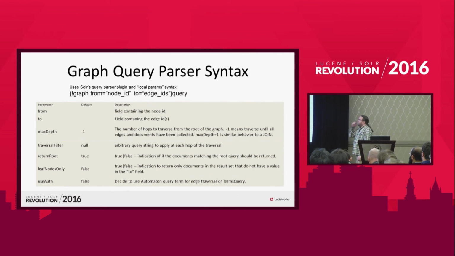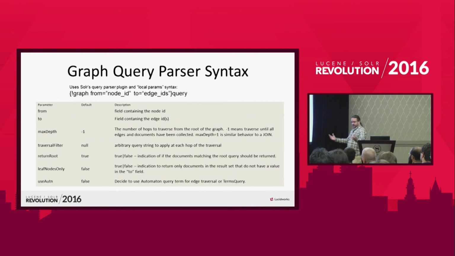The graph query parser is built in. It's been in Solr 6. It uses the local parameters query parser syntax in Solr. Here you can see the various parameters that you can specify to do one of these graph traversals. First and foremost is the query itself, which is any arbitrary Lucene query, and that defines what I call the root nodes, or the starting point for your graph traversal.